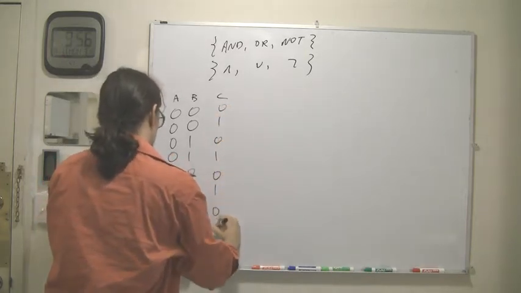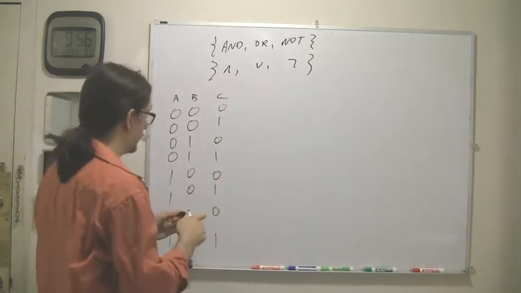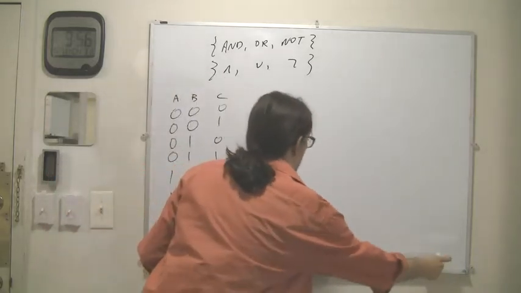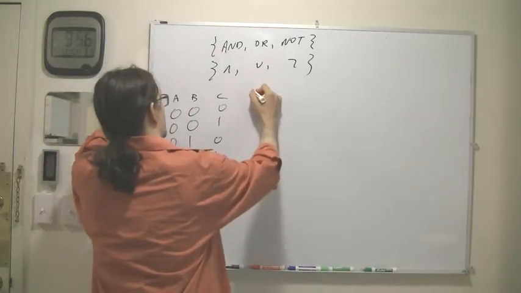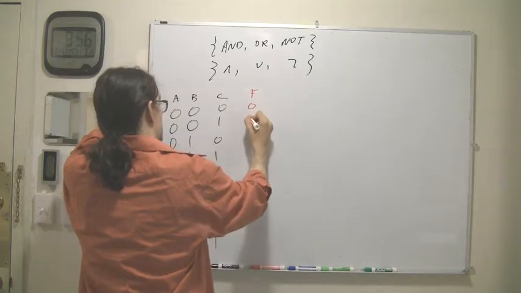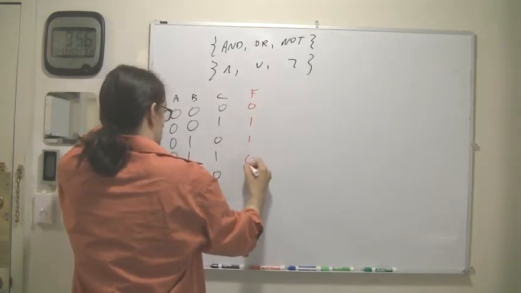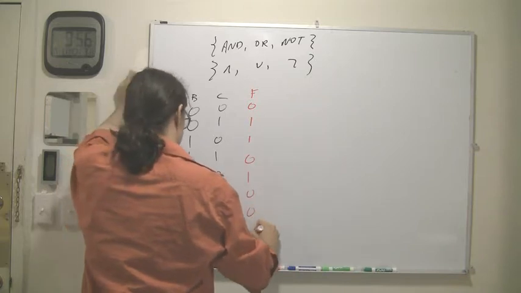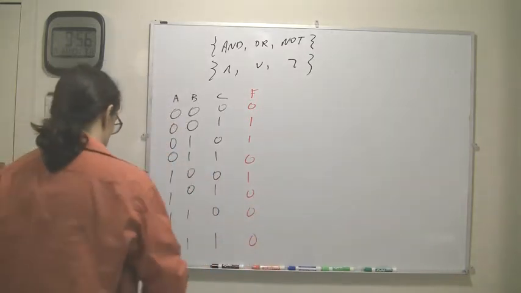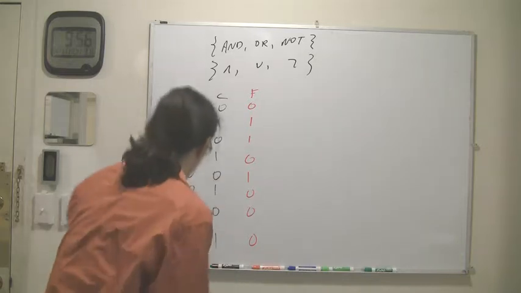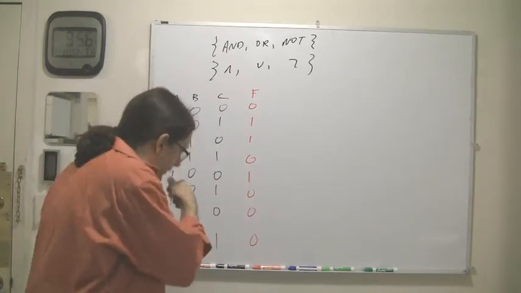And I'm just going to fill this truth table with some values. So we are going to have a function f, and I'm going to write it with, say, 3 ones in the truth table. So I just picked 3 rows to make one.